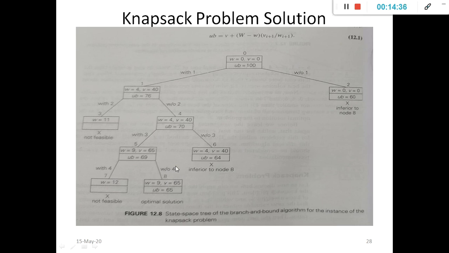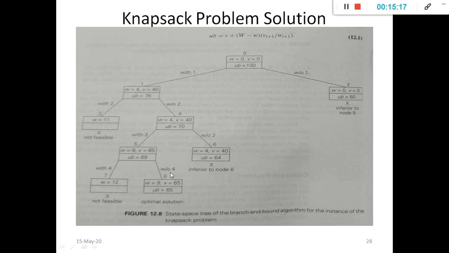When you are not placing it, the weight remains 9 and the value remains 65 as at the previous node 5, and you will calculate the new upper bound value as V is 65 plus 10 minus 9, which is 1, into the value to weight ratio of the next item, 4.